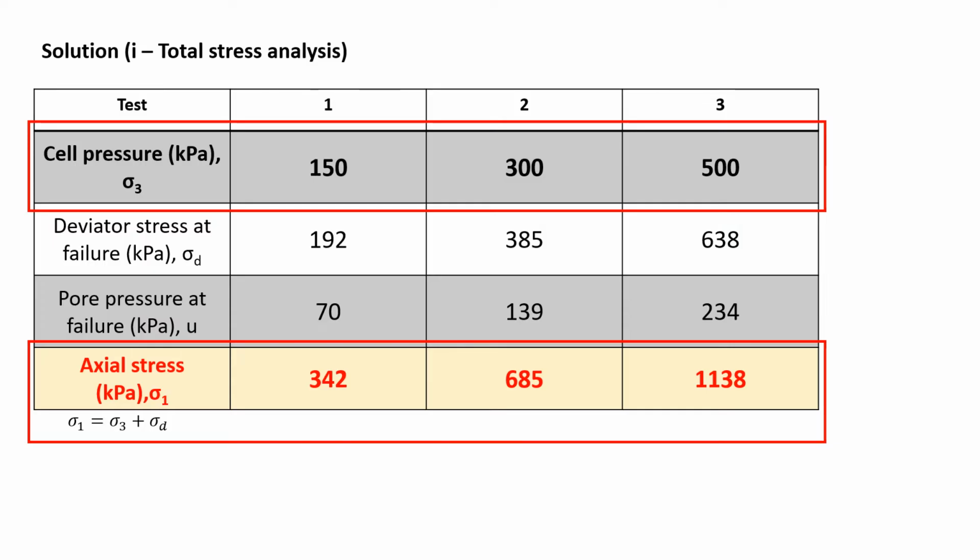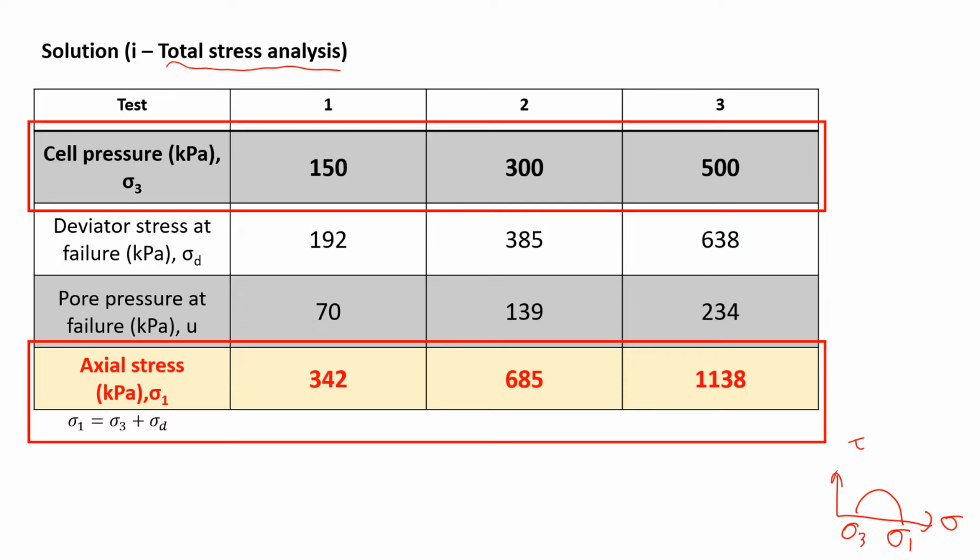For the total stress analysis, in order to plot the Mohr circle, you need to have the sigma 3 and sigma 1.